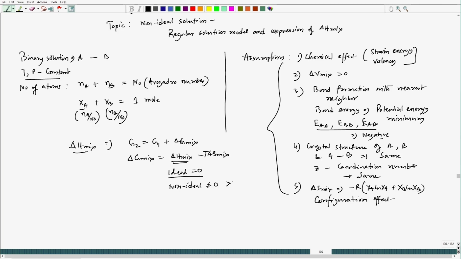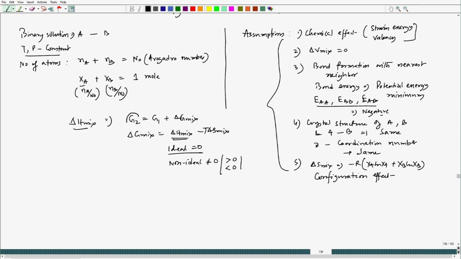It can be either greater than 0 or less than 0. So, in those cases the free energy composition plot or the expression for solution free energy will be different if we compare ideal as well as non-ideal cases, because this will have a contribution towards the free energy of solution, which is G2.